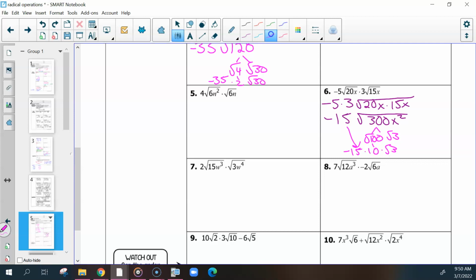That would be negative 15 times 10 times x times the square root. We just haven't broken down the x part. 2 goes into 2 how many times? 1. That would be 1x that comes out. So if I rearrange all of this, we have negative 15 times 10 times x times the square root of 3.